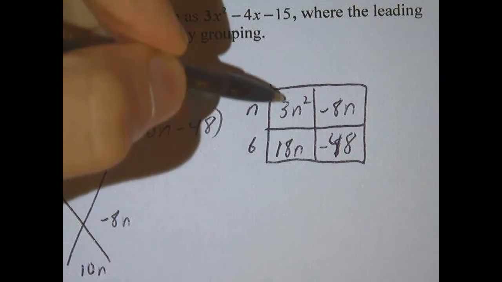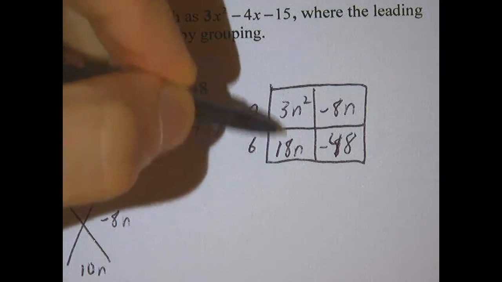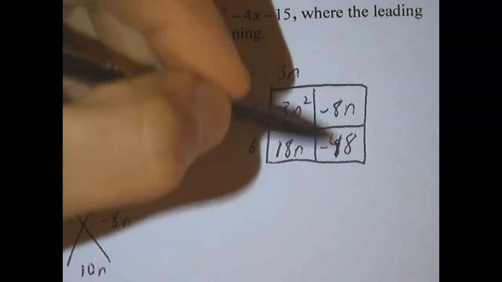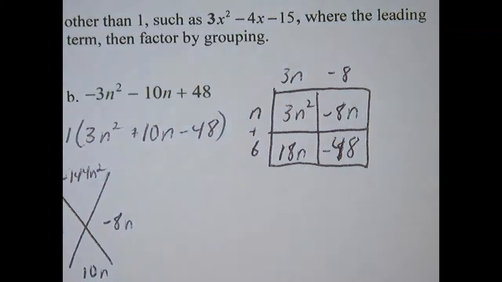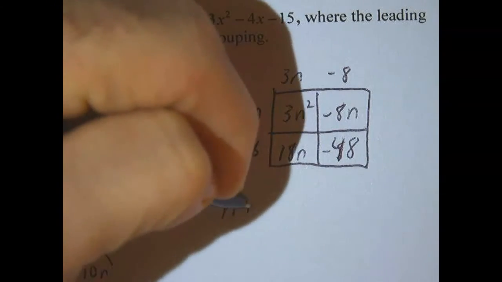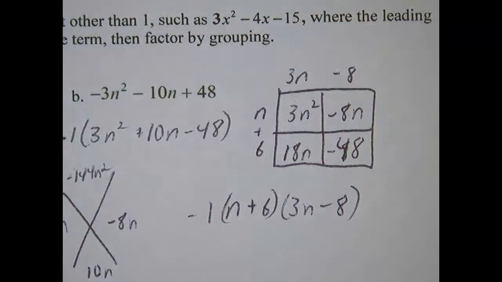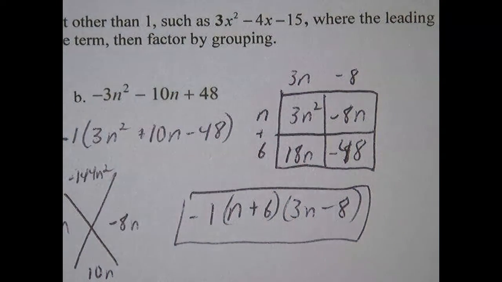And then going this way, I'm going to pull out 3n. It's my only common factor. And going this way, I'm going to pull out a negative 8. And there's my two factors, n plus 6. This was a positive, so it's going to be n plus 6 times 3n minus 8. The negative 1 is still there, and there's the factored form of that polynomial.